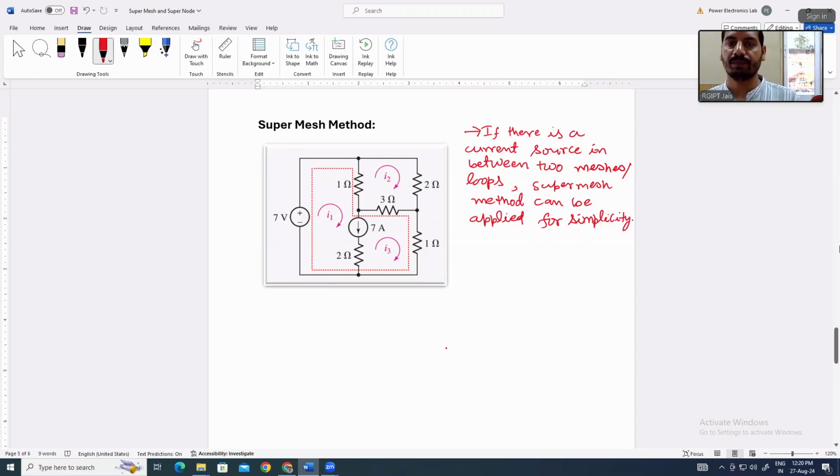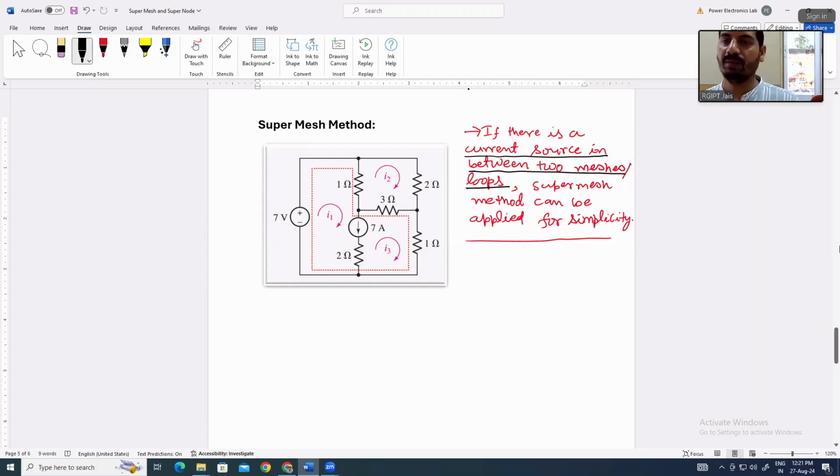Okay. So it means if there is a current source in between two meshes or loops.